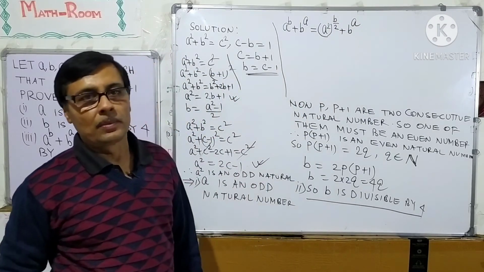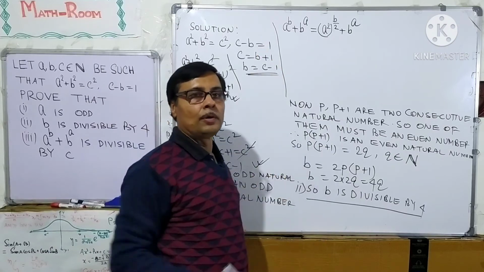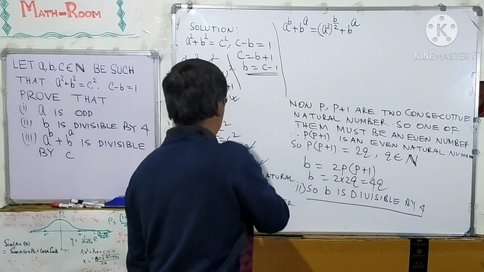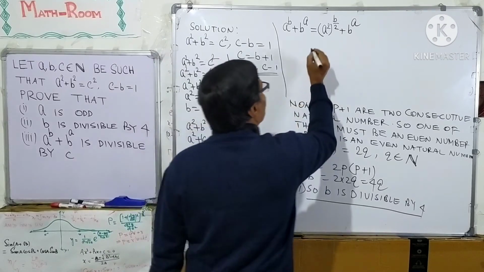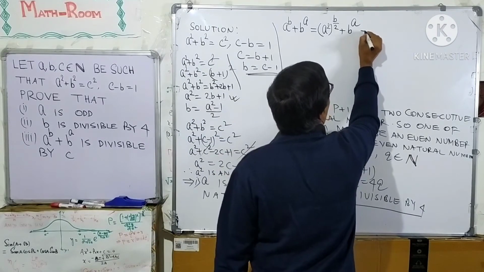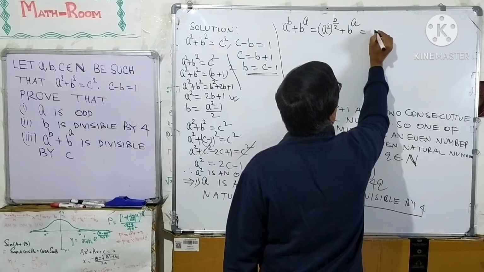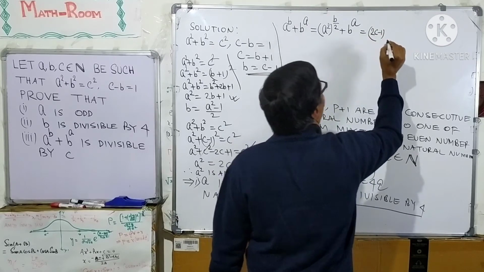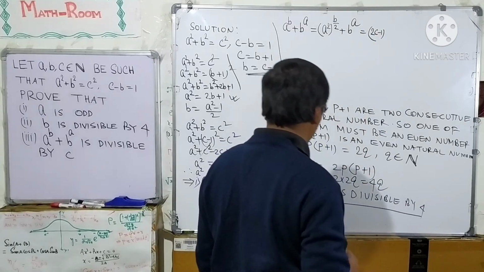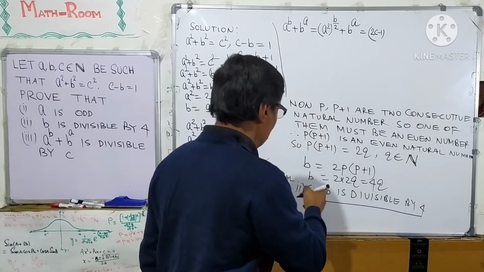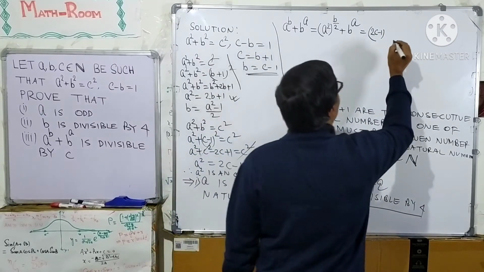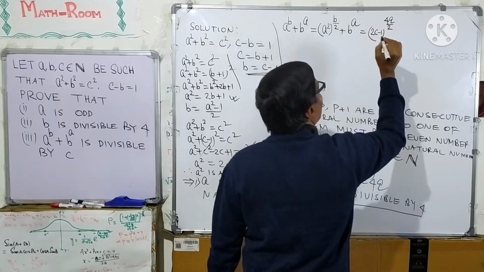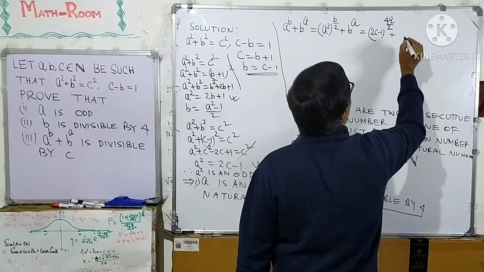Now we can put the value of a square, which is 2c minus 1, so this is 2c minus 1 to the power b over 2. b is also written as 4q, that is 4q over 2, plus b to the power a.